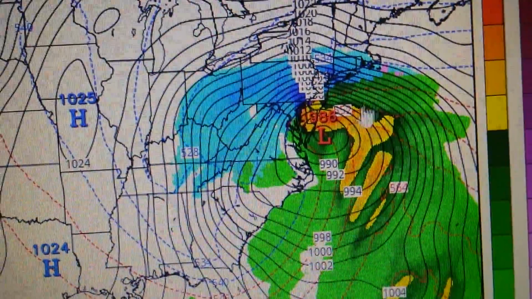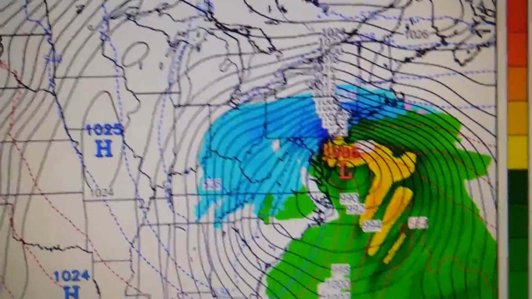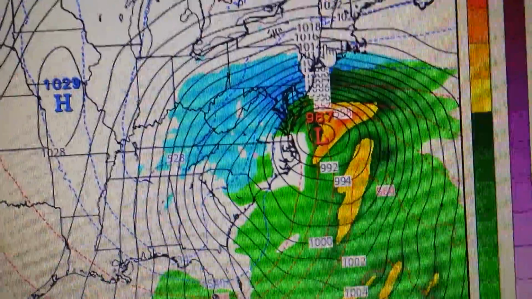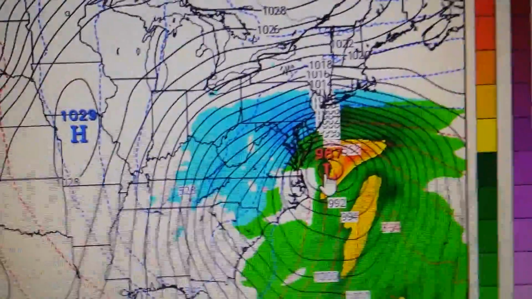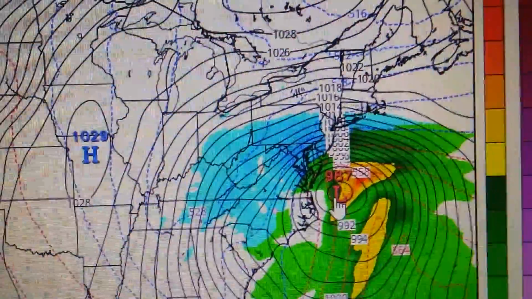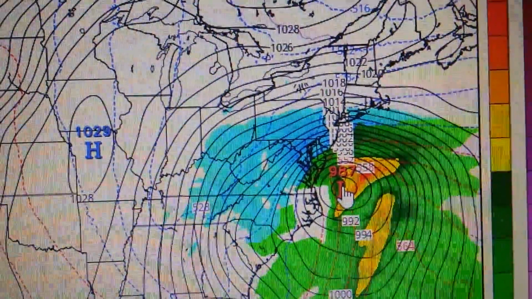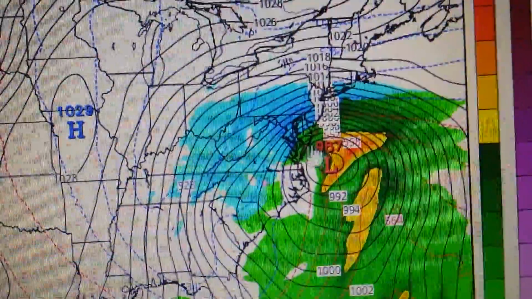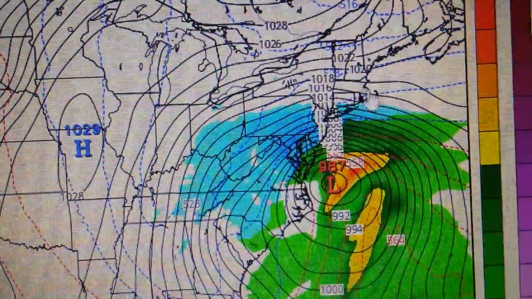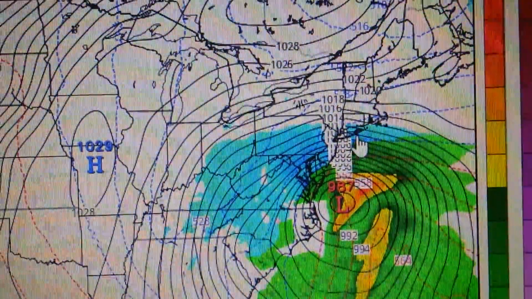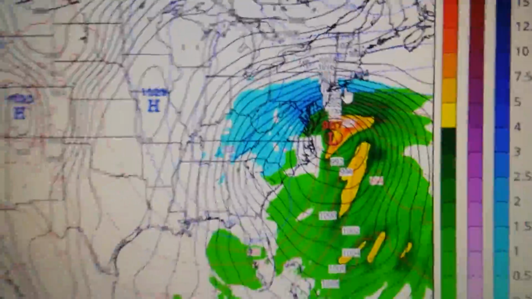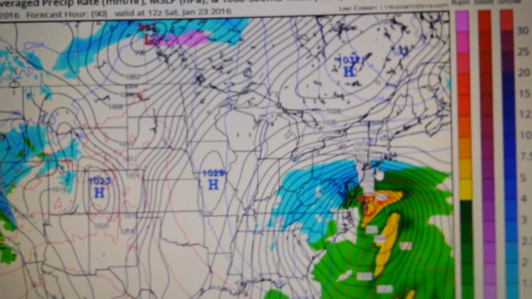And notice the number here, 986, versus 987. You see, a lower central pressure means a stronger storm, and in the new run, it's not as strong. And as you can see, the heaviest snow is nowhere near where it was in the older run. Okay, so I think I've definitely gotten my point across here.